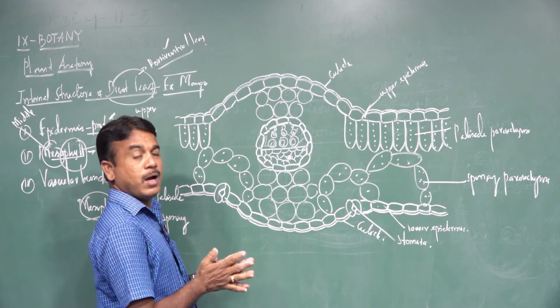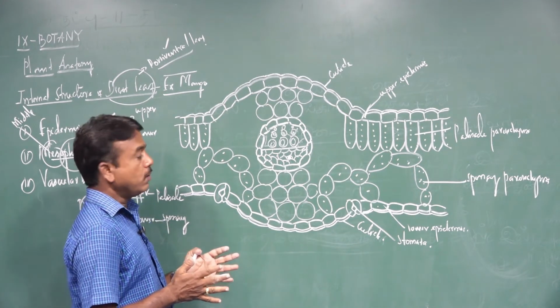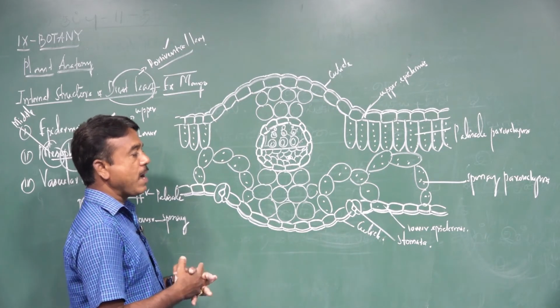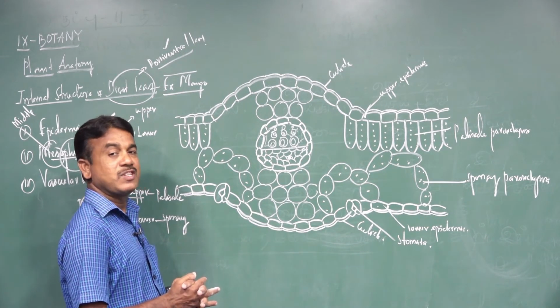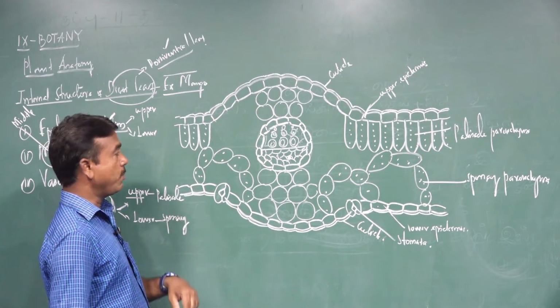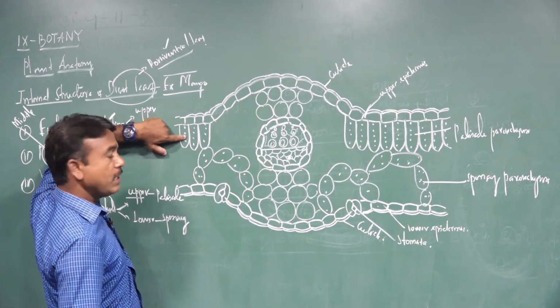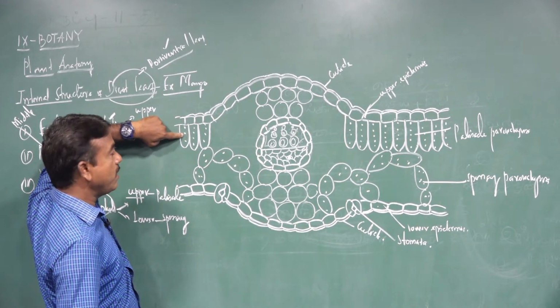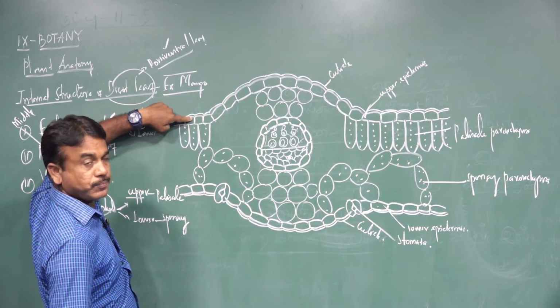Okay. How are the palisade parenchyma cells and spongy parenchyma cells differentiated? They occur like this. So how do we tell them apart? Palisade parenchyma cells occur beneath the upper epidermis.